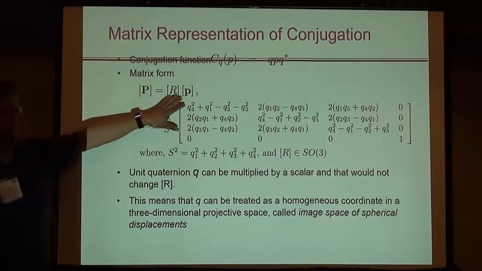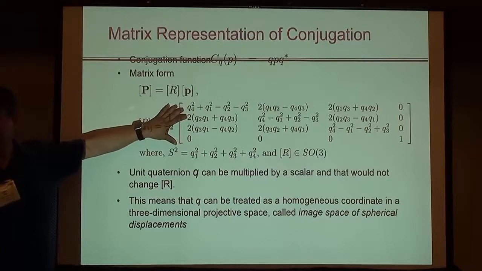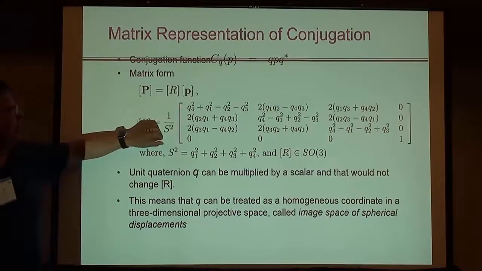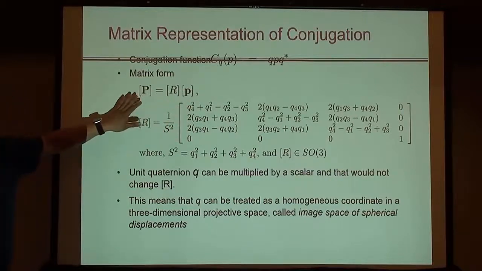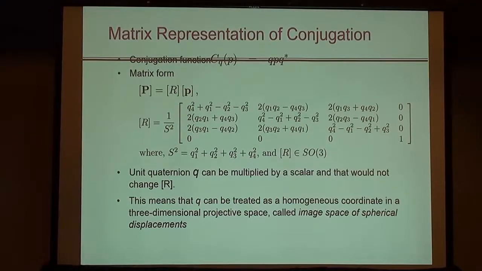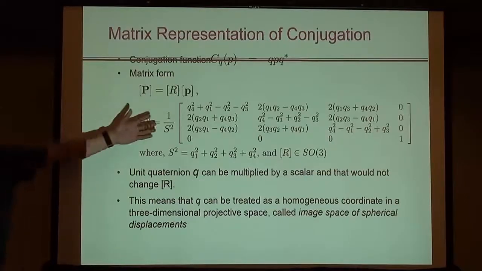And this is in homogeneous form because it's a 4x4 matrix, and this is a four-dimensional vector, and we call it homogeneous coordinates. Now compare this with the matrix representation.